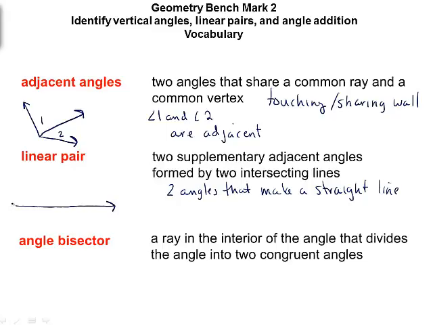Basically, what will happen is it's like this picture, except it makes a straight line on one part. That's why it's called a linear pair, because they make a straight line. So even if we went back to our vertical angles, where I had the circle and the square, one circle and one square would make a linear pair because they'd make that straight line. Here, I'll show you what I mean.